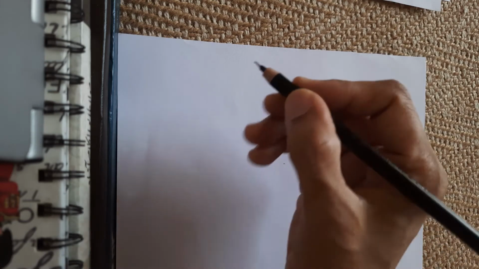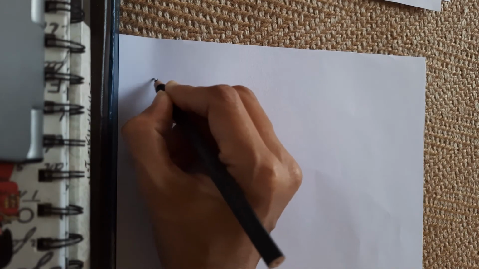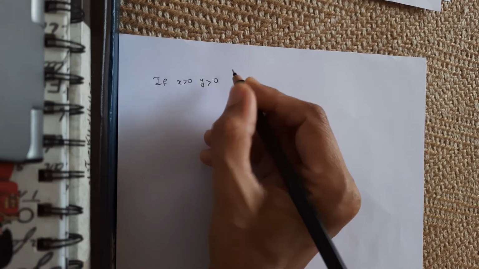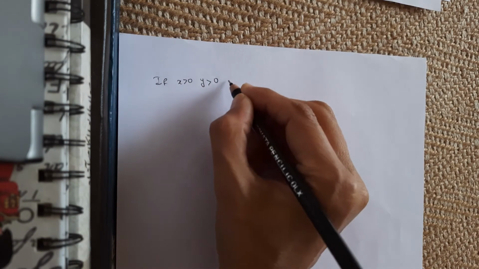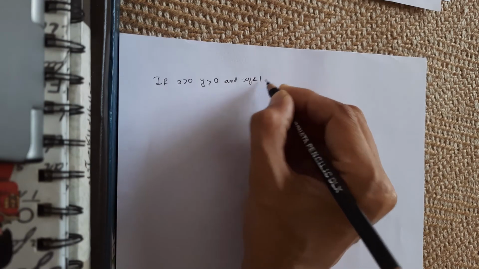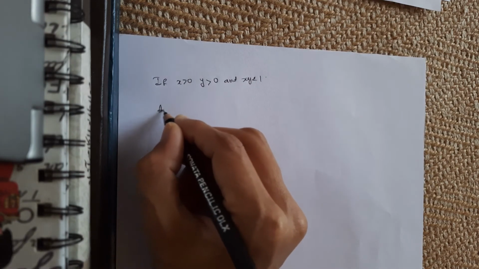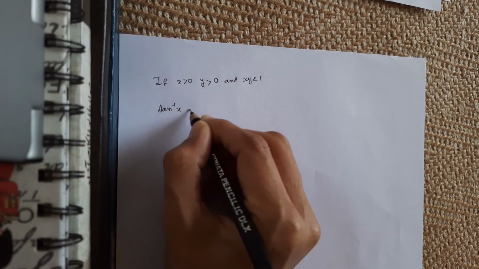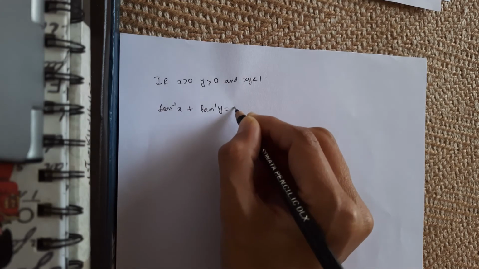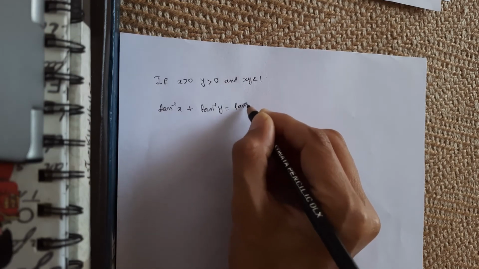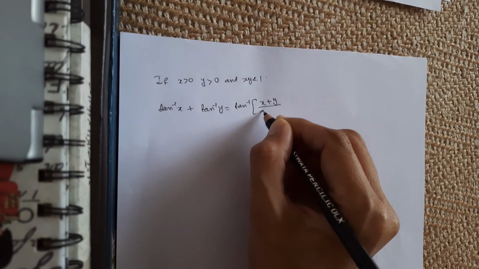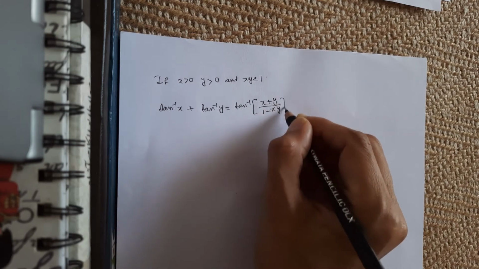So I'm going to show you that if x is positive, y is positive and x into y is less than 1, then we need to show that tan inverse x plus tan inverse y equals tan inverse of x plus y upon 1 minus x into y.